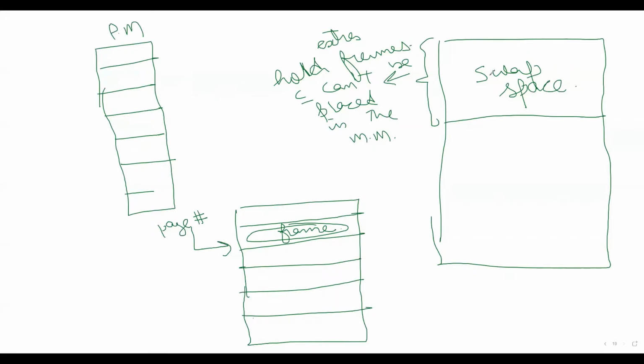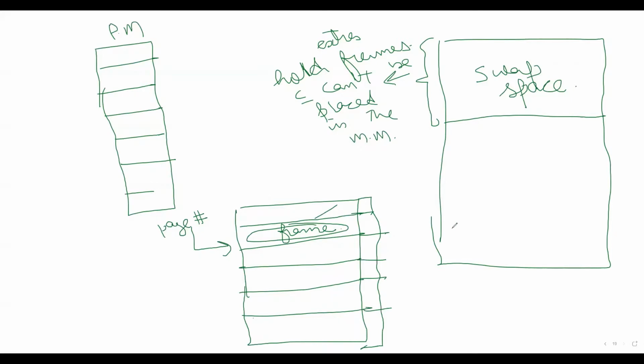So my system should know whether this frame is in the primary memory or in the swap space. How will it know? We will add an extra bit here, and this extra bit will tell us whether this frame is present in the primary memory or in the secondary memory.